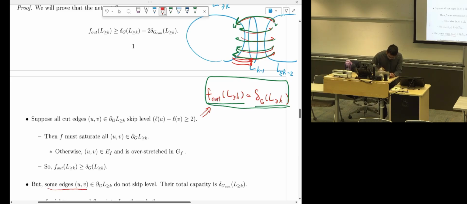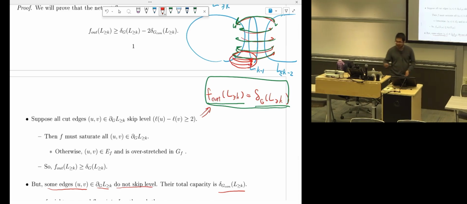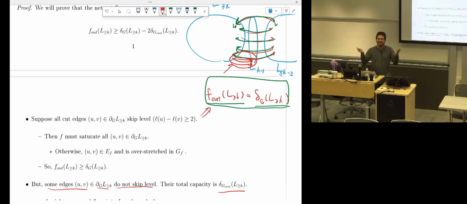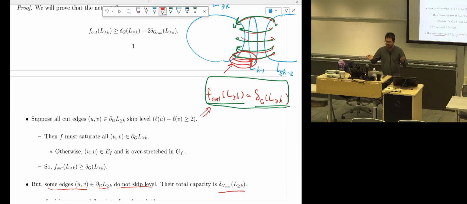Some edges that cross the cut do not skip levels. The edges that don't skip levels have total capacity just the cut size in G-con. So if these edges don't have any flow on them, then it would reduce the net flow out by this much.